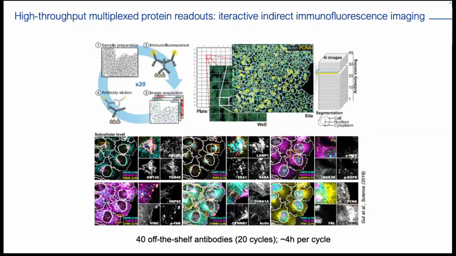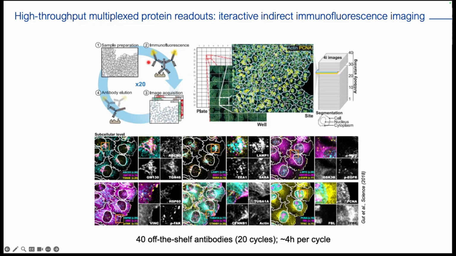For example, people looking at cancer cells have developed this technique that allows for staining the same cells with 40 different antibodies. So now you can imagine a matrix where you have stainings from 40 different antibodies, single cell, again with multiple parameters extracted per cell.